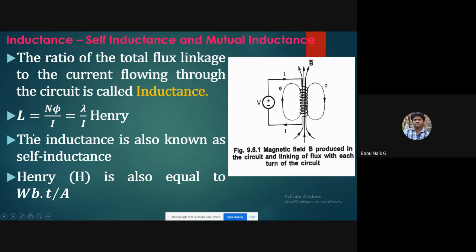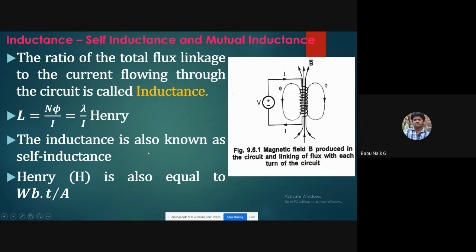That is, N phi by I, which is also equal to lambda by I, and we measure it in the unit Henry.